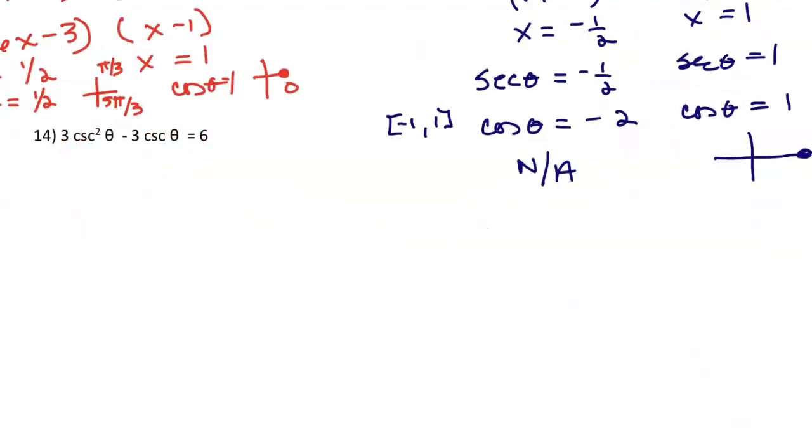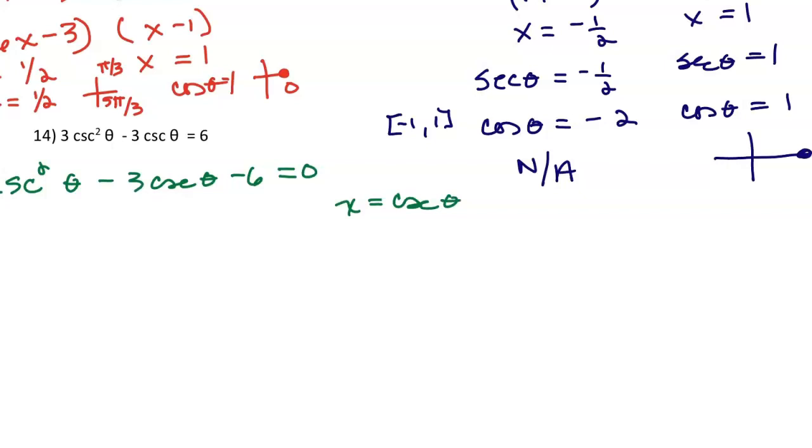Okay, so I think I have one more problem. Number 14 is it? Okay, so let's look at 14. That's a cosecant. Again, we are not going to flip out. We're just going to handle it just like we have handled everything else, with confidence and with a systematic approach. Okay, so again, I'm going to say, let's make our x equal to cosecant theta.